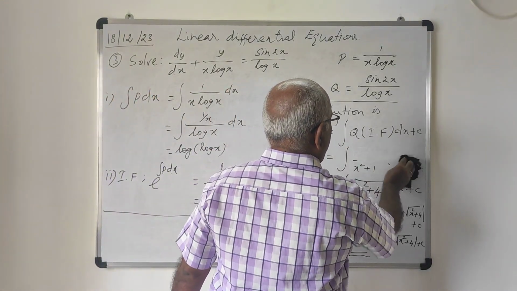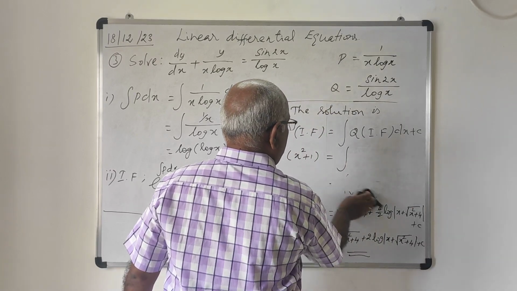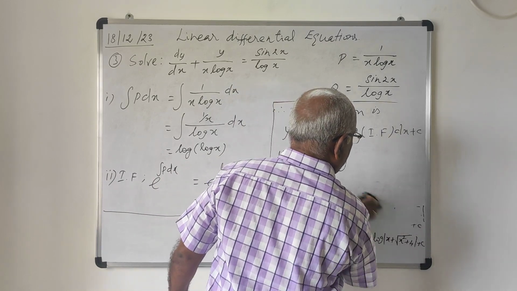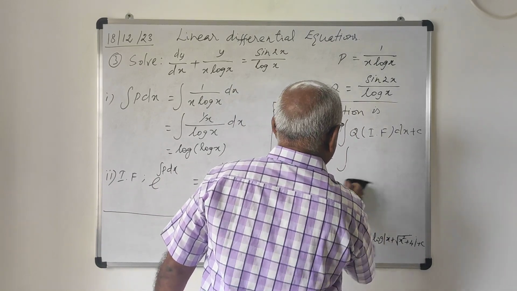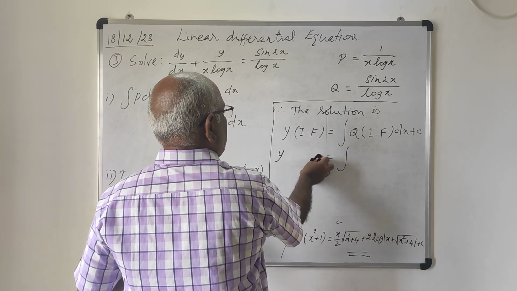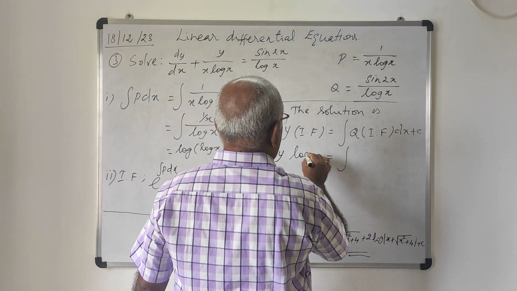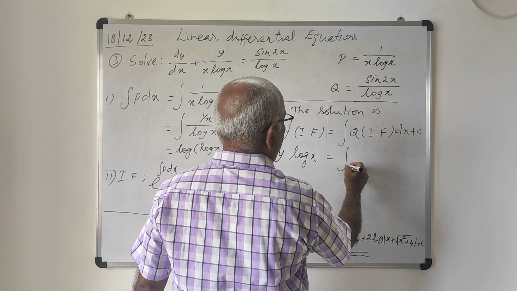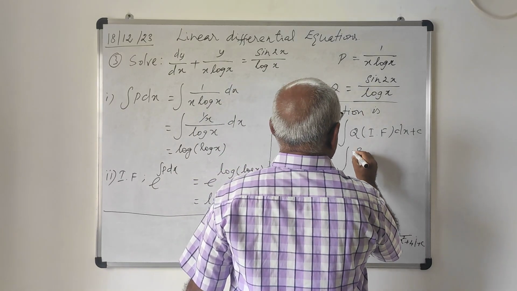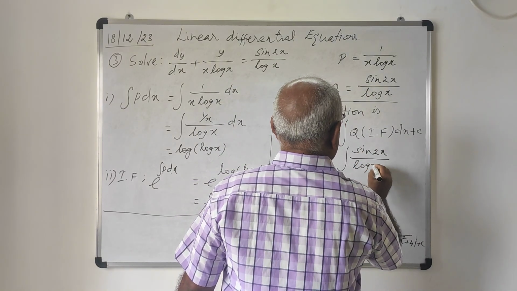Now for this problem also, y into the integrating factor log x, equal to integral q into the integrating factor dx plus c. What is q? Q is sin 2x by log x.